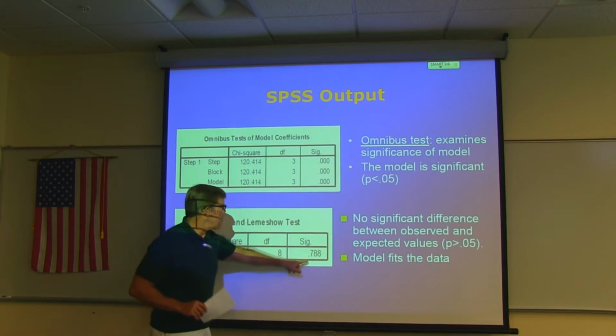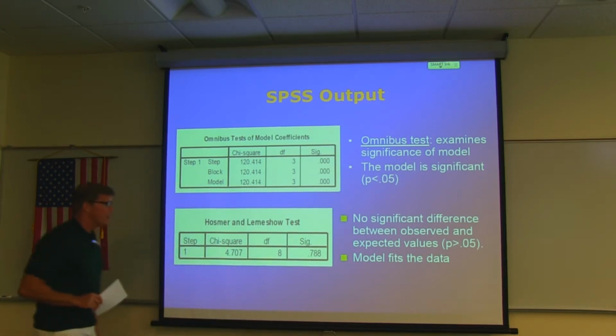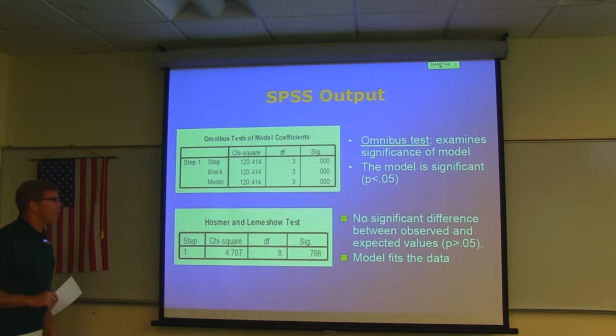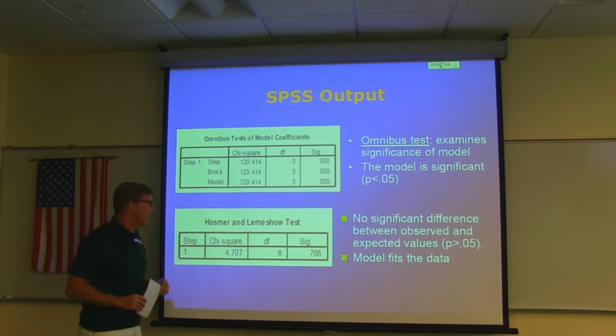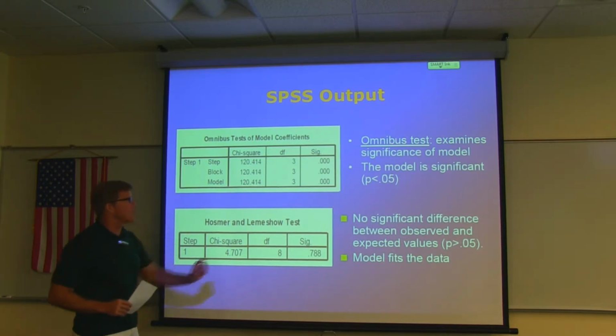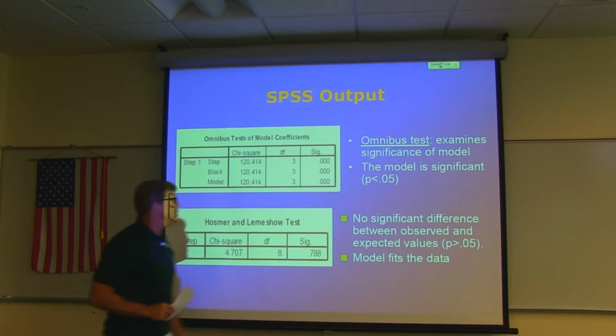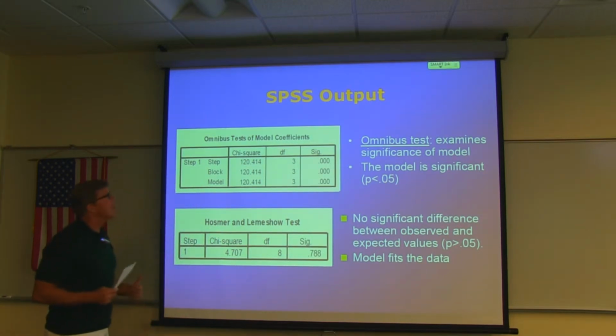And as you see, our p-value is 0.788, which is actually greater than 0.05. So we have a non-significant statistic. In this case, non-significance, of course, implies fit. No difference between observed and expected frequencies. Okay, so in this logistic regression SPSS analysis, you're always going to see these chi-squares.